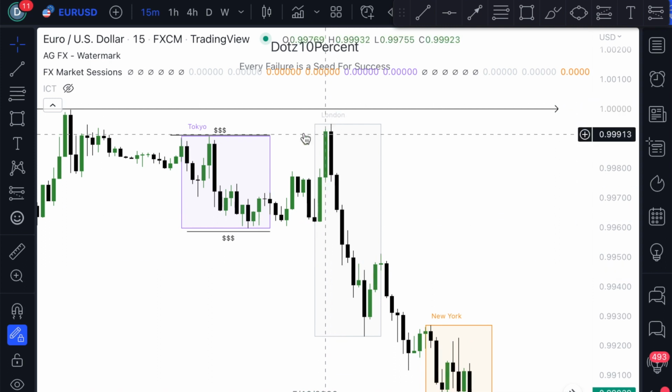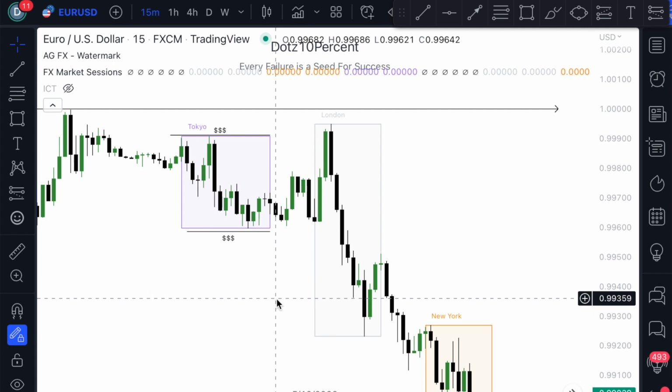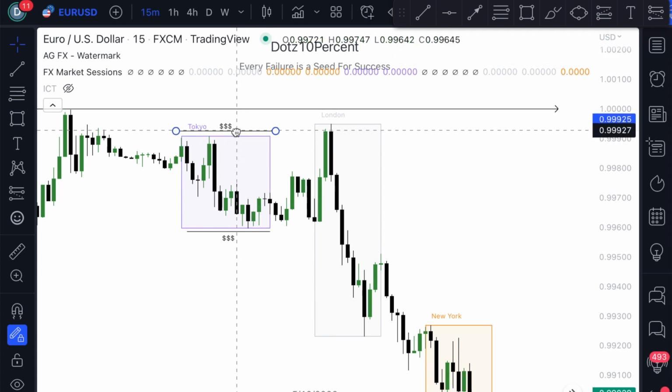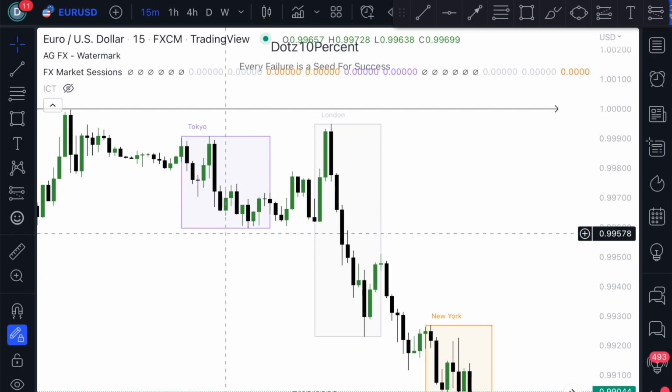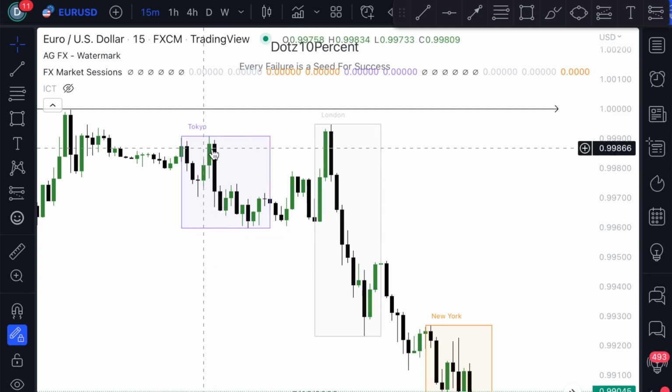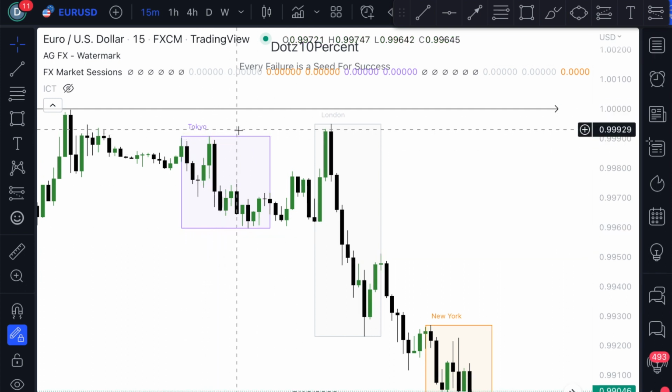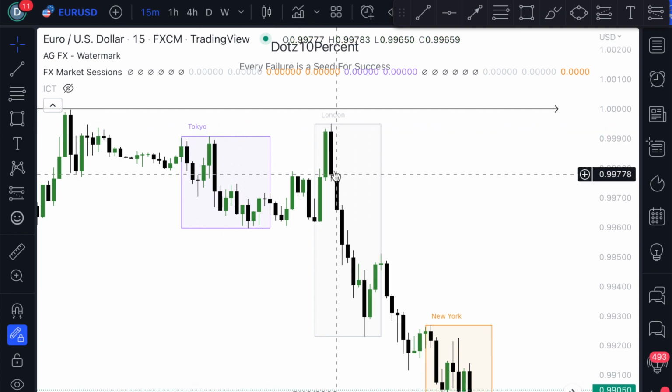Taking Asia's high and moving lower. What is this? Offset accumulation, right? We take this buy side liquidity over here. Let me delete this just so it's clearer. I hope you guys get the point now. We take the buy side liquidity up here, right? We sweep this. We even sweep these highs here. And we offset lower.